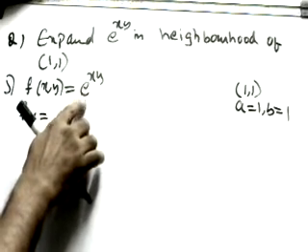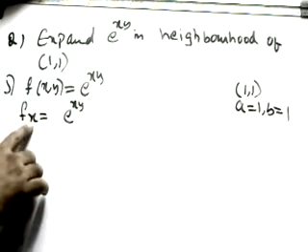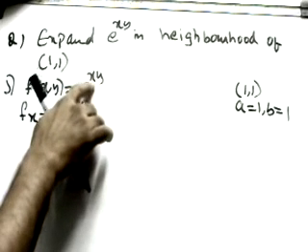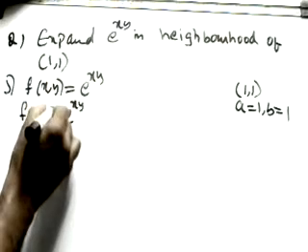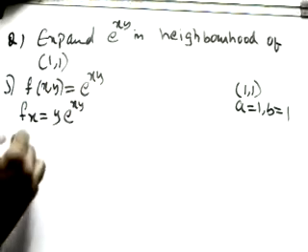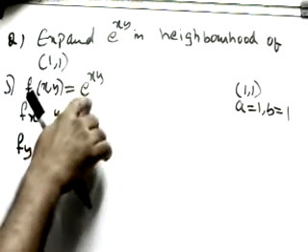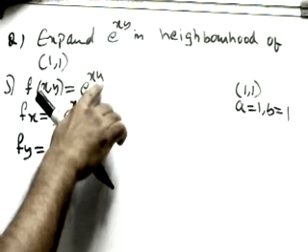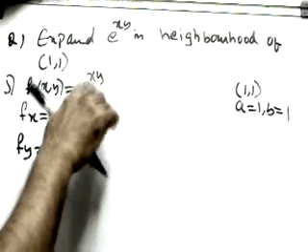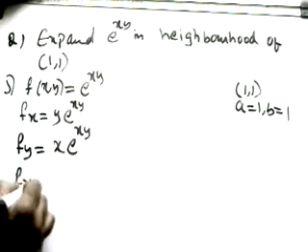Suppose fx, differentiating with respect to x: d by dx of e power x is e power x, but here we have to differentiate xy also. d by dx of x is 1, 1 into y is y, so you get y. In the same way, fy, differentiating with respect to y: d by dy of y is 1, 1 into x is x.